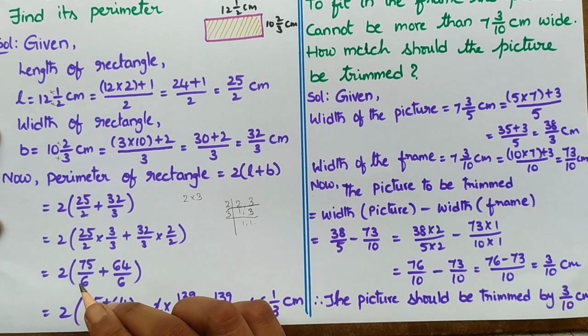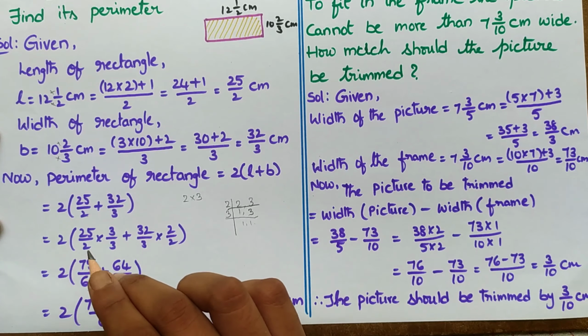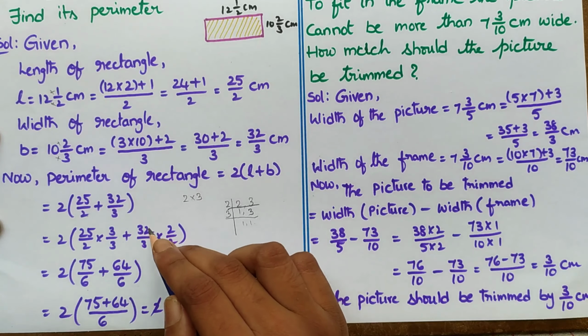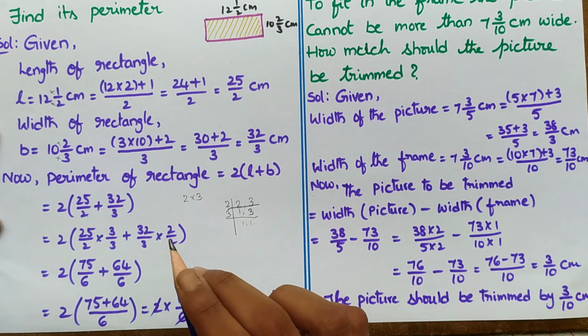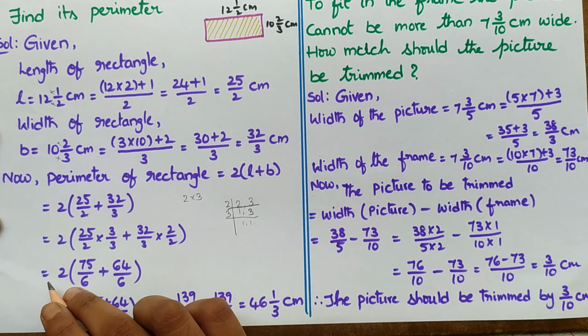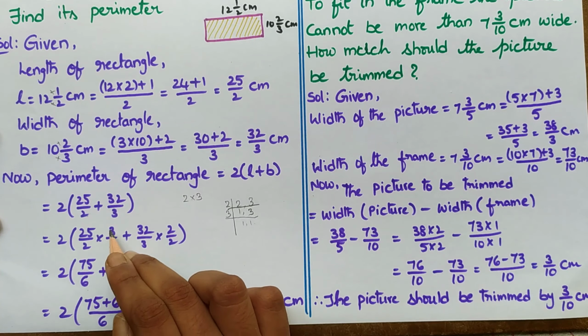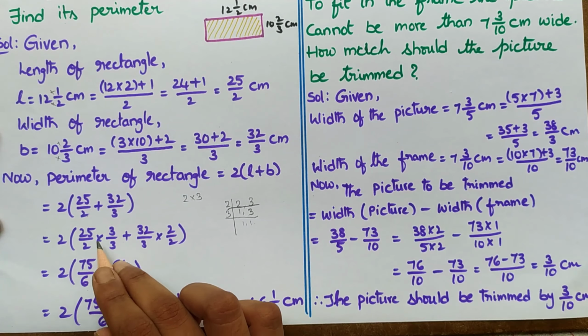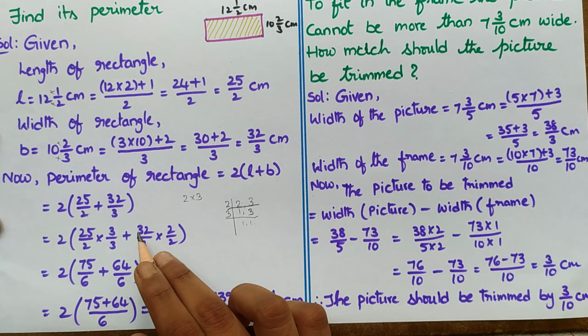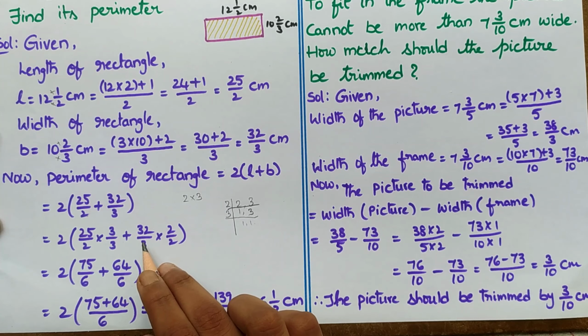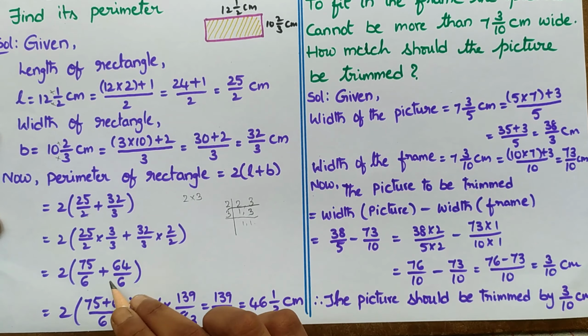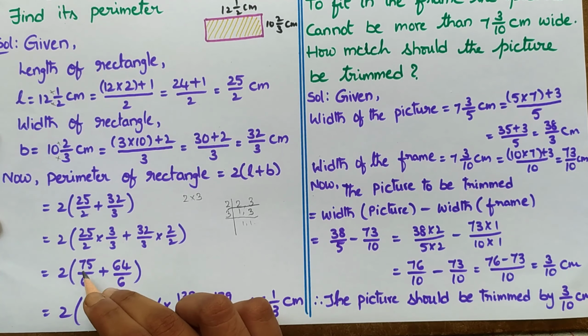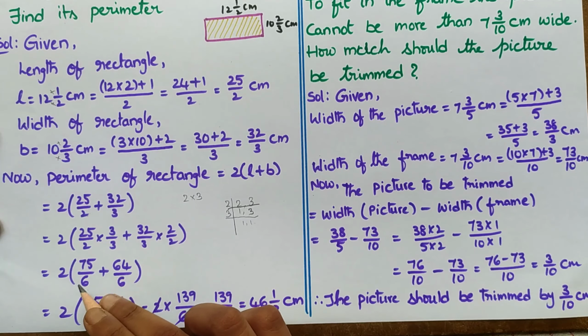So 2 into (25/2 into 3/3 plus 32/3 into 2/2). 25 into 3 is 75 and 2 into 3 is 6, plus 32 into 2 is 64 by 3 into 2 is 6. So it is 2 into (75/6 plus 64/6).